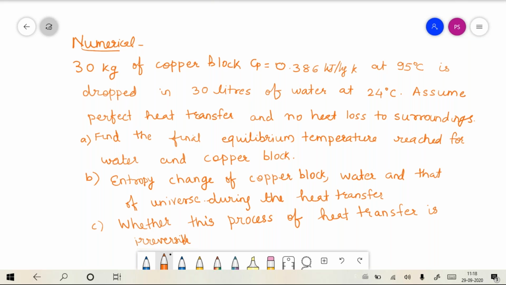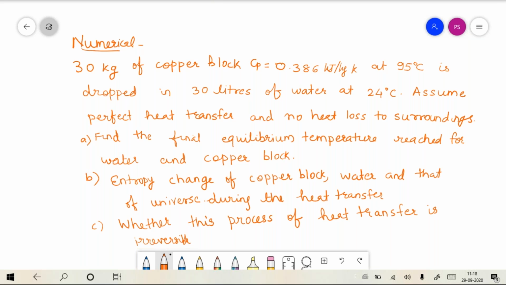So let me read this numerical. This is about the concepts which you have already learned in the earlier classes. This numerical is to test your understanding of, or rather improve your understanding of, the entropy change issues.